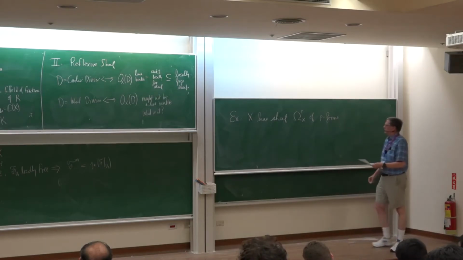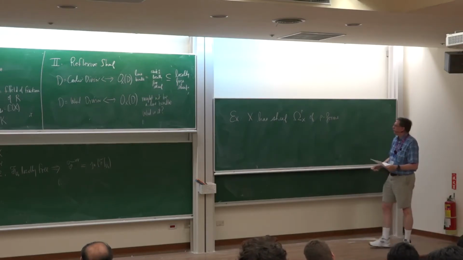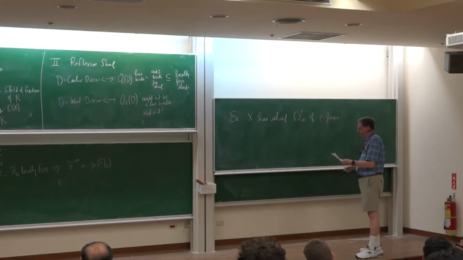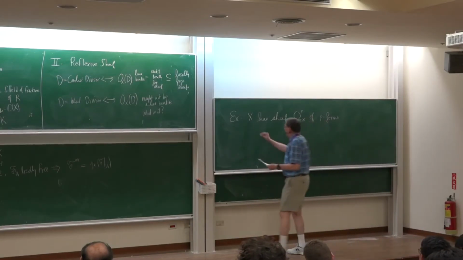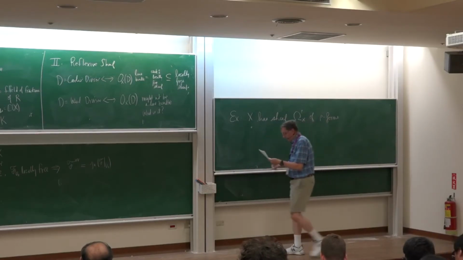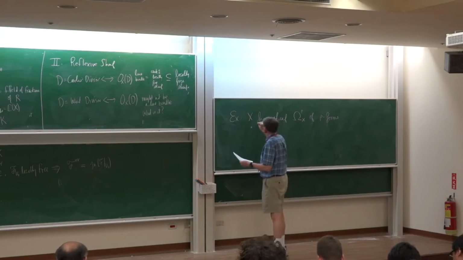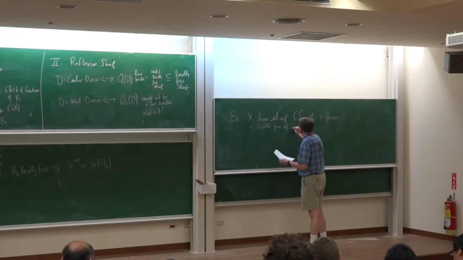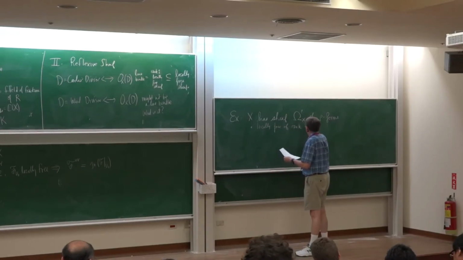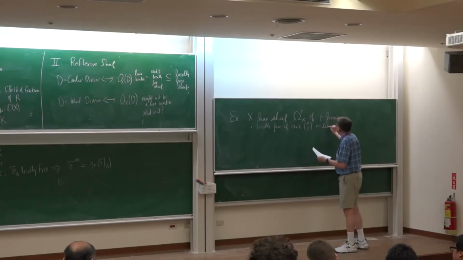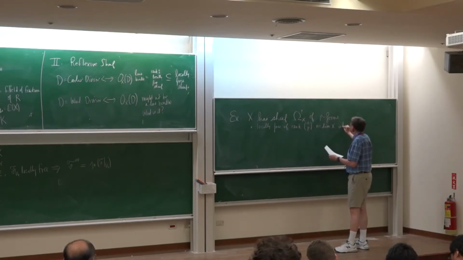So you can actually talk about p-forms like in differential geometry: 1-forms, 2-forms, n-forms, stuff like that. And it turns out that, and I'm going to define this in about 10 minutes, this is locally free of rank n choose p, where n is the dimension of X, and this is when X is smooth.